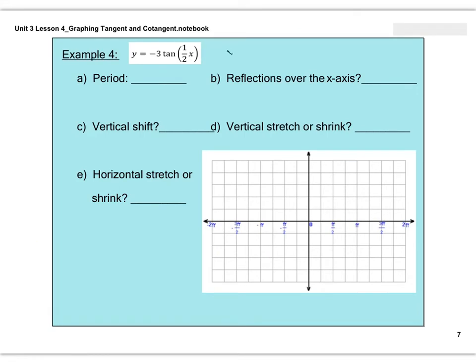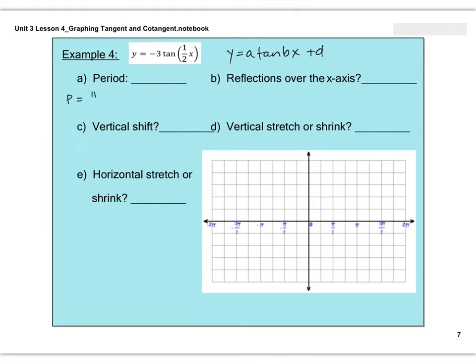So remember, y equals a tangent bx plus d. Keep that in mind. And I want you to also remember that the period for tangent and cotangent is usually pi, and the period for sine and cosine is usually 2 pi. Now, for periods, we're going to use a different formula here.